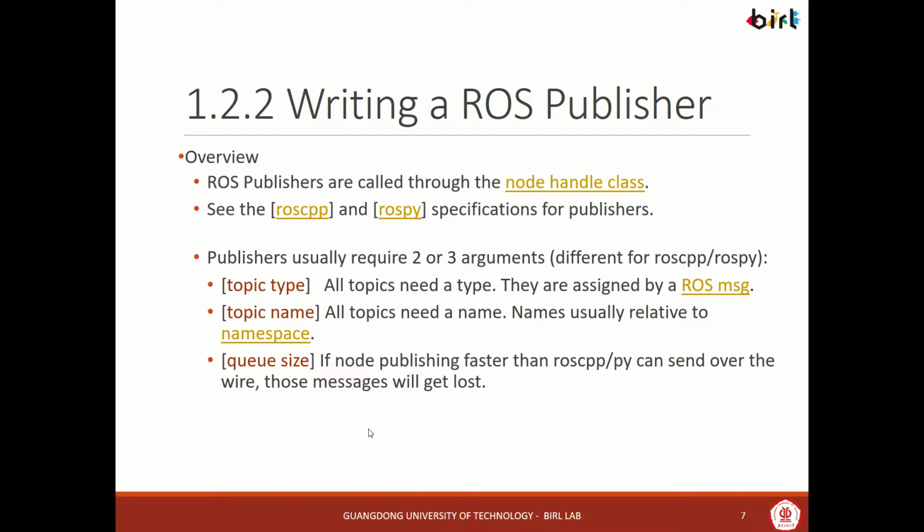So this queue size is a little vector or queue that would save messages that are not yet sent, but you don't want to lose them. So this means I really don't want to lose this information. If you click on these links, you'll get a little bit more advice on what the queue size might be for different situations. For now, we will just keep this number to 0.